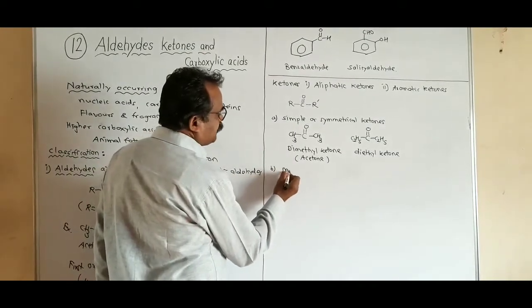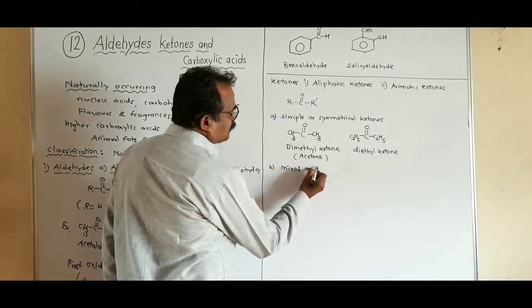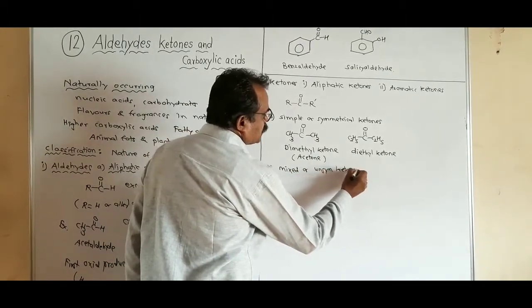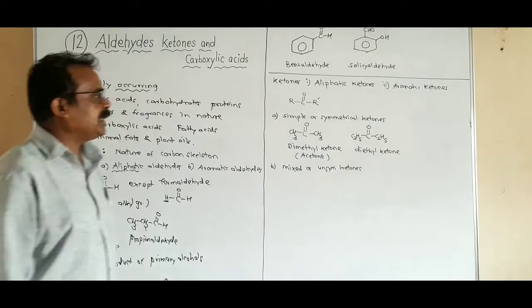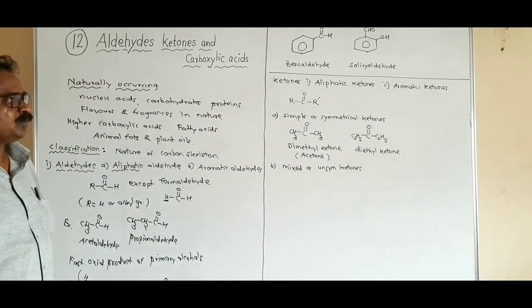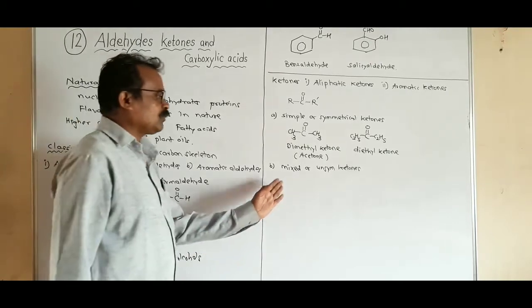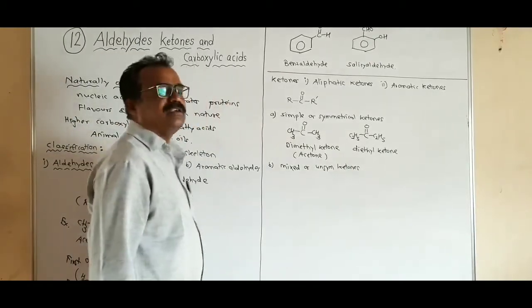And the second type, mixed or unsymmetrical ketones. So I think you will get the idea from the simple ketone. Same alkyl group means simple ketone, but different alkyl groups are called mixed or unsymmetrical ketones.